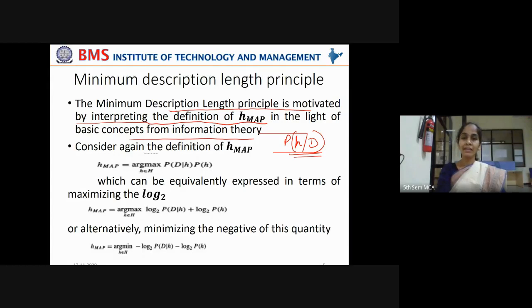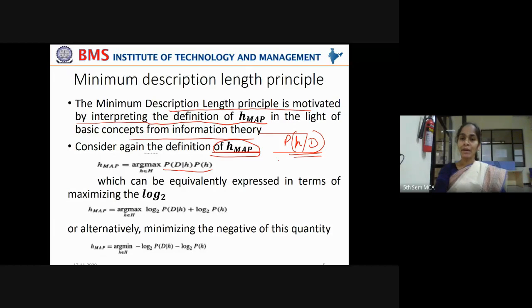Now consider again the definition of HMAP. You remember the definition of HMAP? It is argmax over all the hypotheses that belong to the hypothesis space H of the product of probability of D given H multiplied by probability of H. How did you minimize this formula?